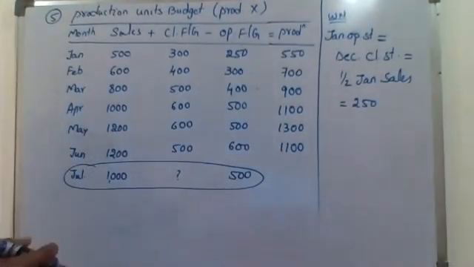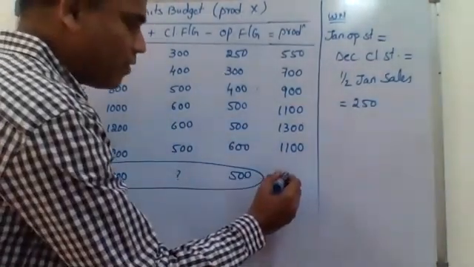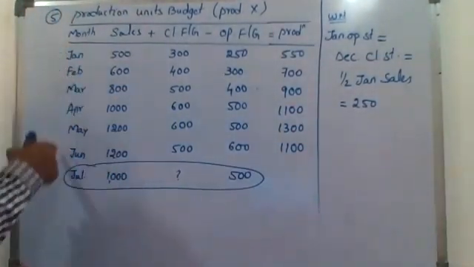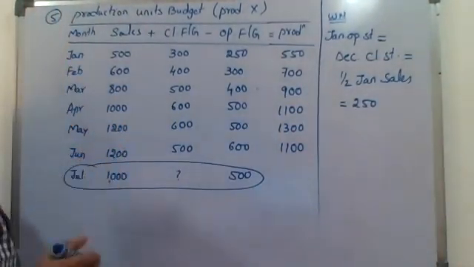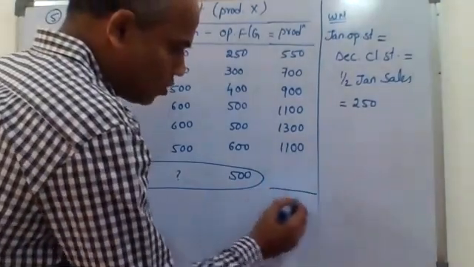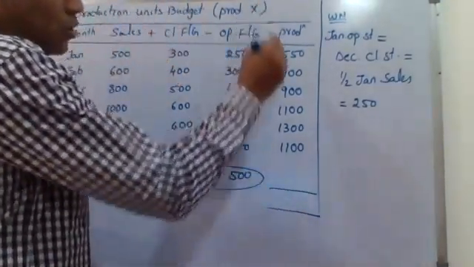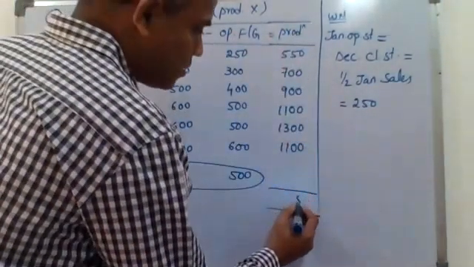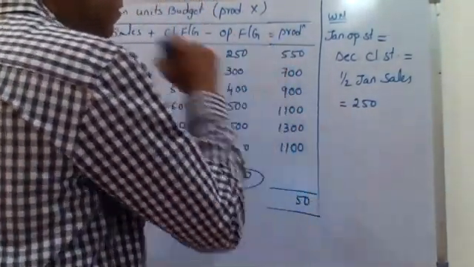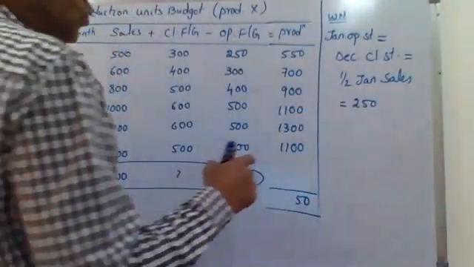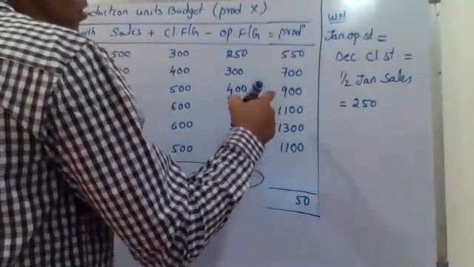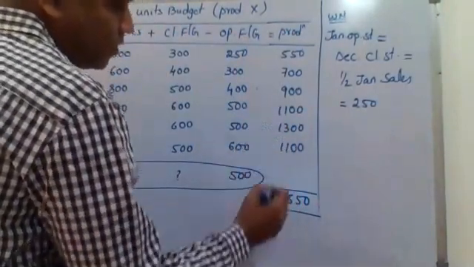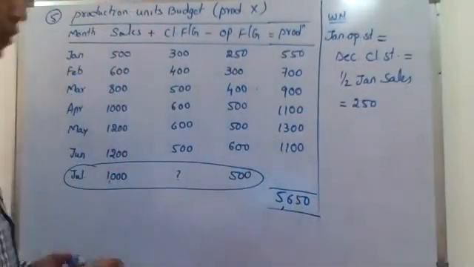Now, what do you know? I cannot find out here because there's something missing here and I don't want that. He wants you to prepare only for the 6 months. So you can actually take the total of this, the total production. If you add it, sum up these things, it will be 5,650 units.